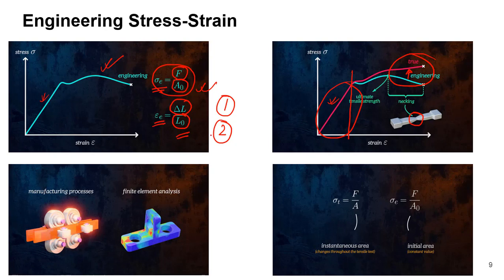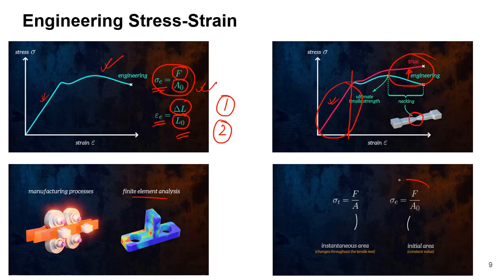But there are situations, like when we are designing something related to manufacturing processes, forming, where large deformation or plastic deformation is important. In those situations, or in finite element design where high strain rate is involved, we need to know the true stress strain relationship. So that is why it is important to know how we can find the true stress strain from the engineering stress strain.